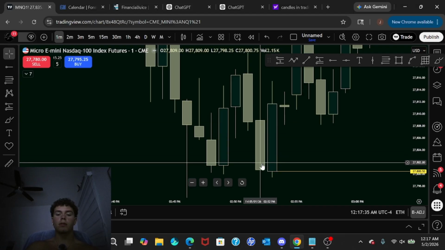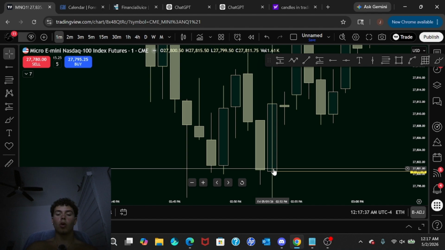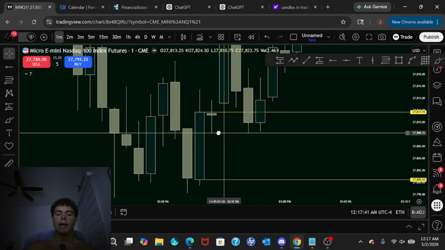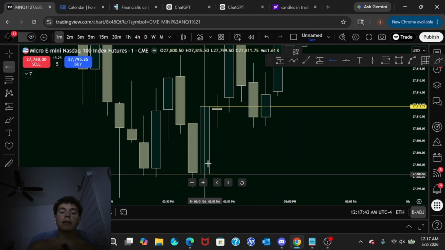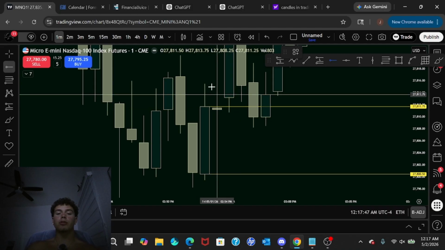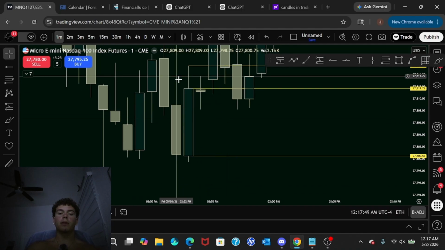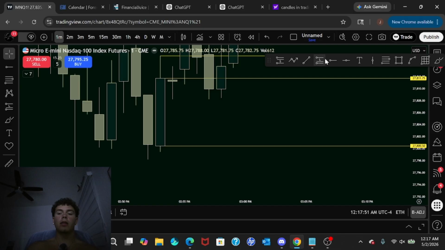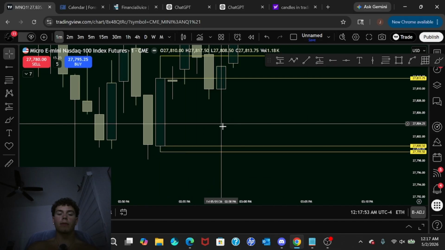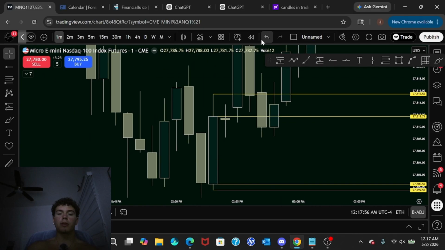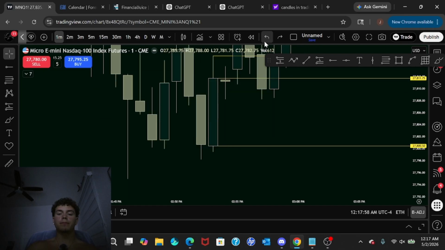We open, close. Next candle, open, and then this is the close. The highest we visited during this candle, remember this is all in the 1 minute, was here. This is the high of the wick. And then the low of the wick, right here. So that's pretty much the bodies and the wicks.